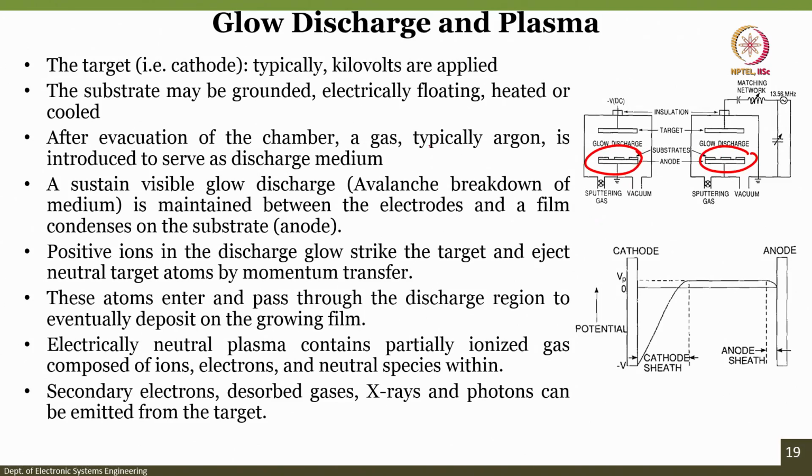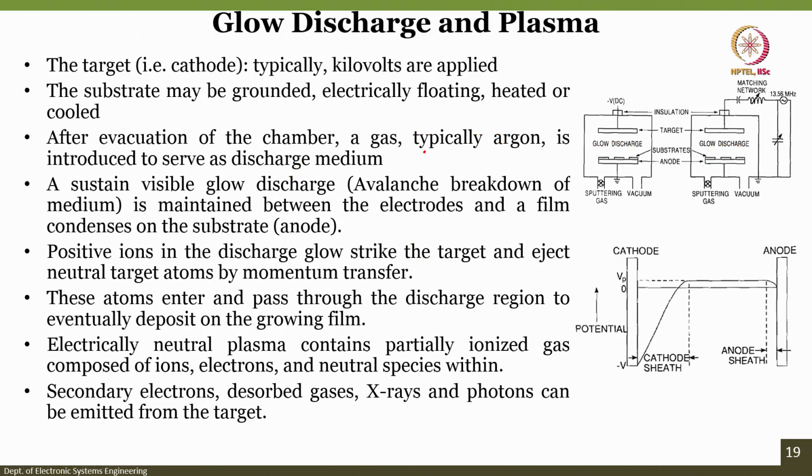Until now, the source was at the bottom and the substrate was at the top. In this case, the substrate is at the bottom and the source is at the top. So, this is the source. These are the plates, and the substrate is the anode, the source is the cathode.